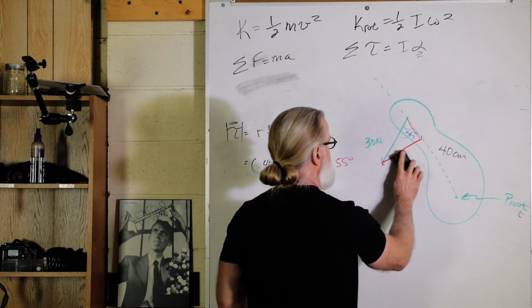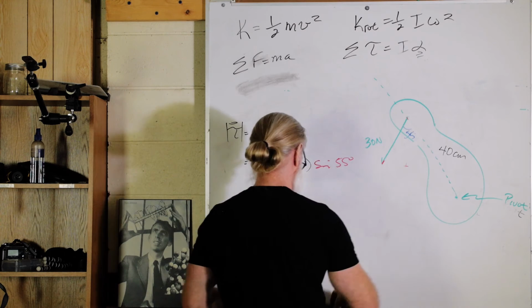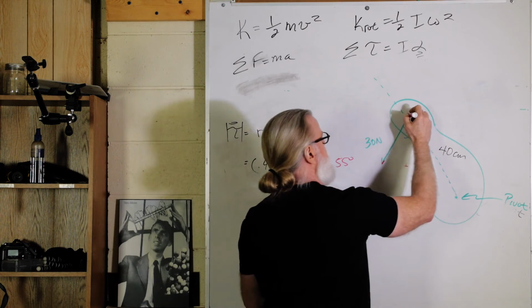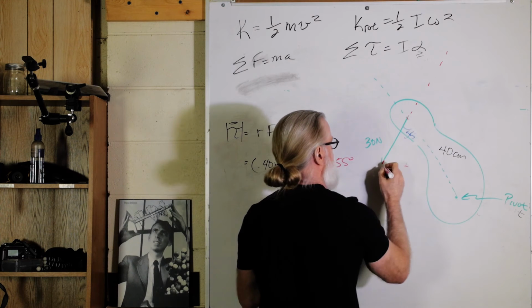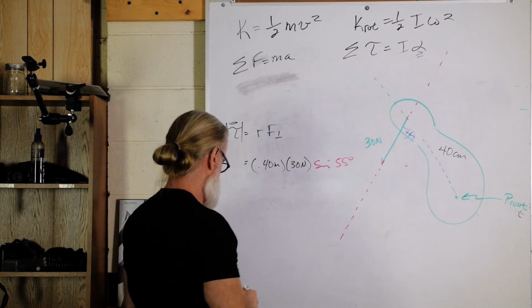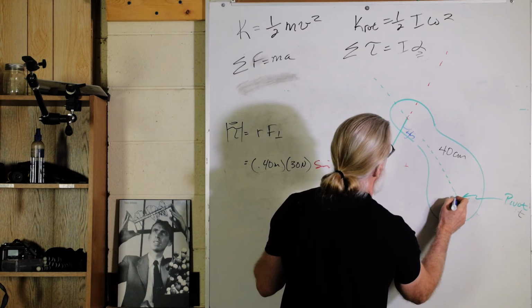Let me get rid of those vectors, and I'm going to draw the line of action. There's the line of action, like that. Our perpendicular looks like this.